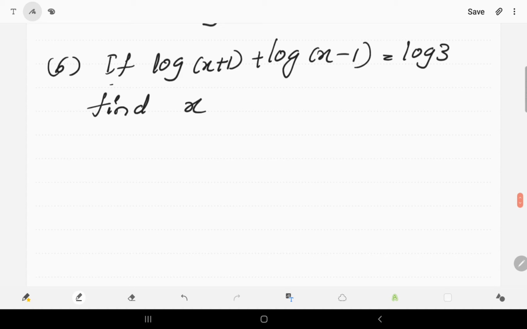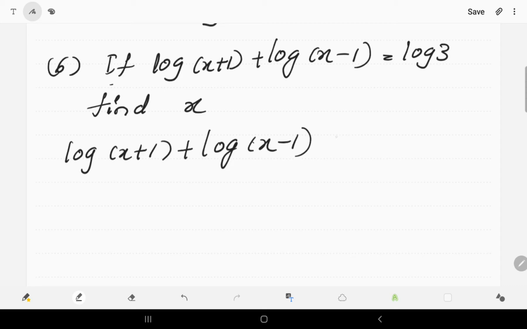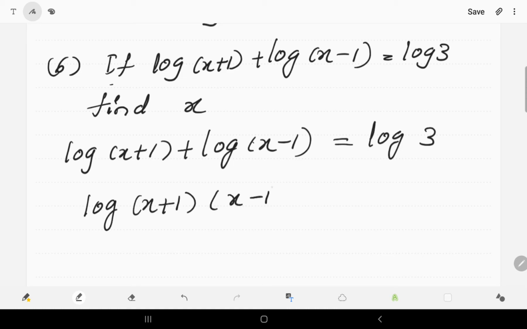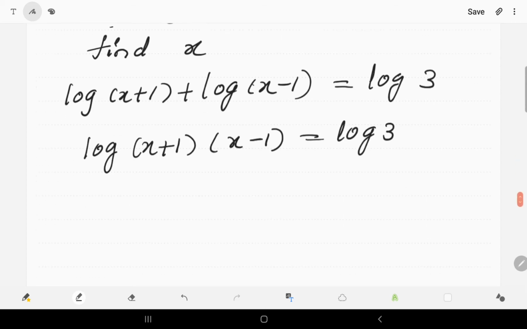So log of x plus 1 plus log of x minus 1 equals log 3. Log m plus log n is equal to log of m into n, so this equals log 3.